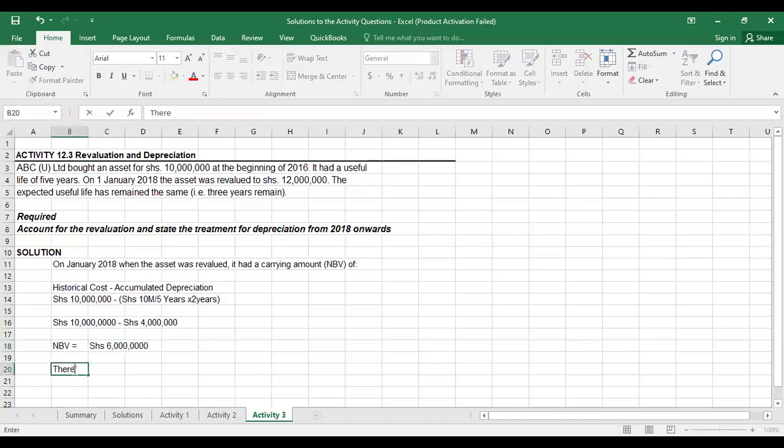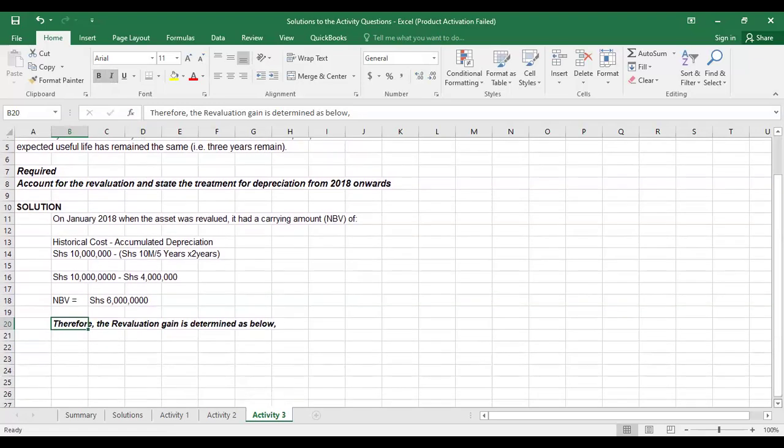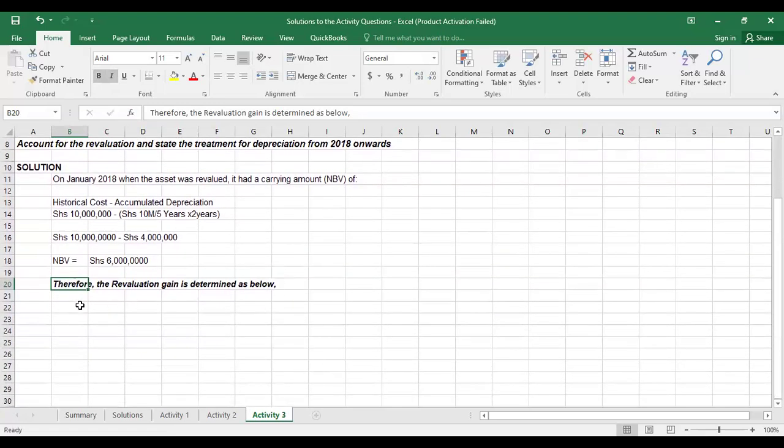What does this mean? Therefore, the revaluation gain is determined as below.